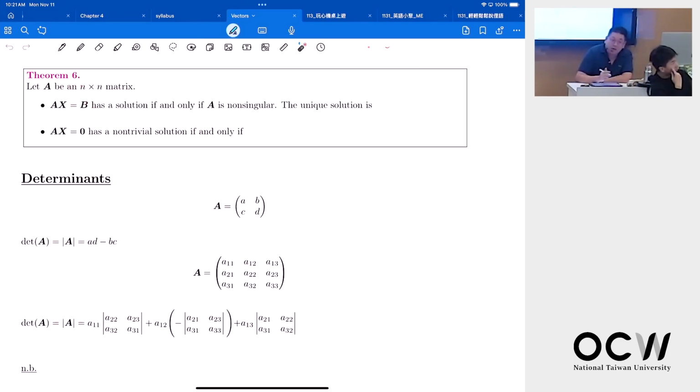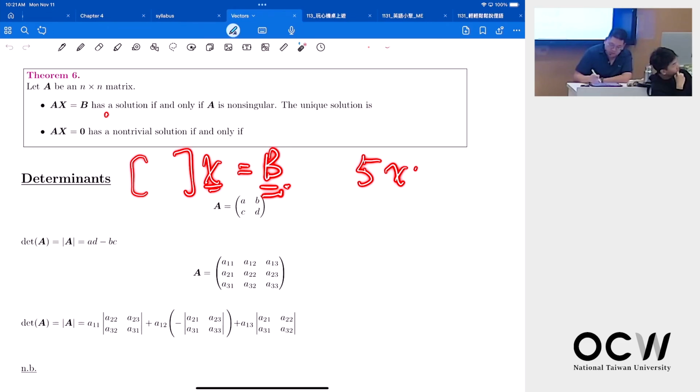Now think about the matrix Ax equals b. I have a solution if and only if this A is non-singular. Like in one equation, this coefficient should not be 0.